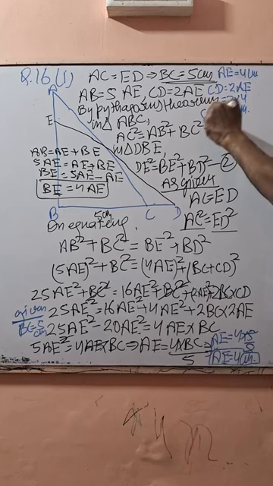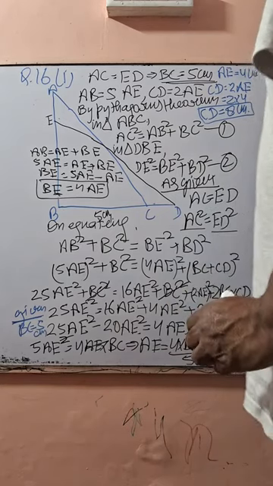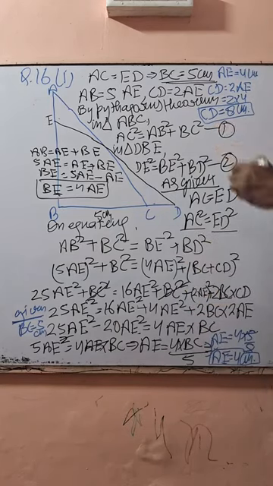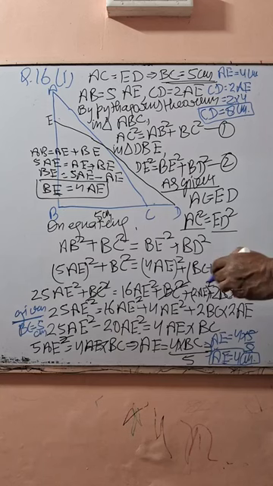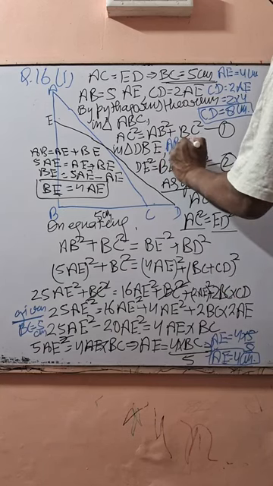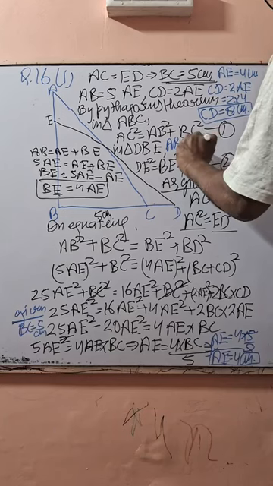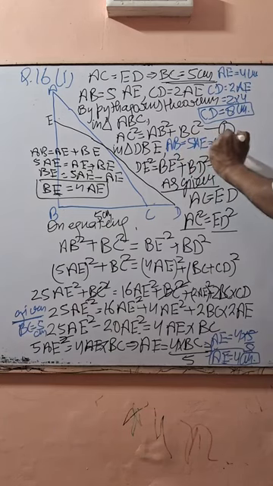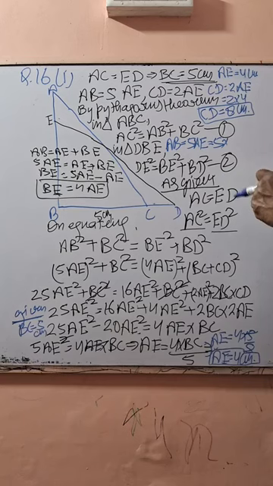So CD is equal to 8 centimeter. Now AB is given as 5AE. So AB is equal to 5 into 4, which becomes 20 centimeter.